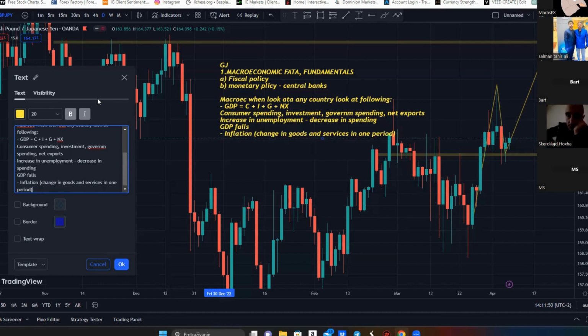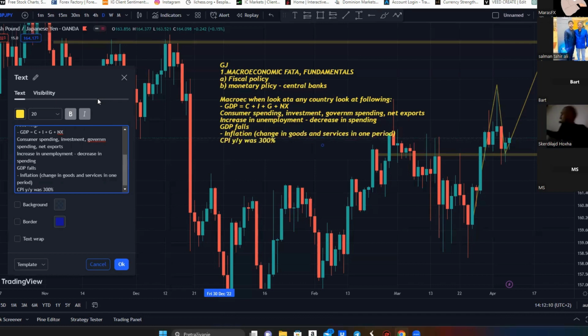Let's say yesterday the milk you bought was $1, and the year after, that milk was $3. That means CPI year over year, because you compared it to the last year, was 300%. That means inflation is 300%. Is it clear?